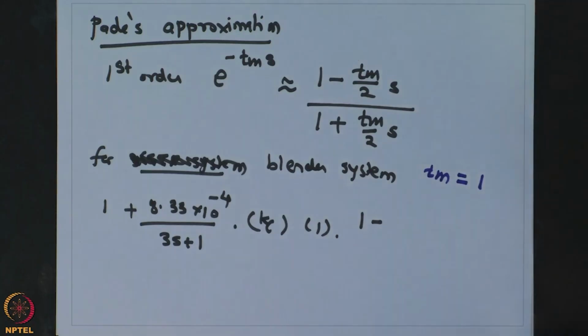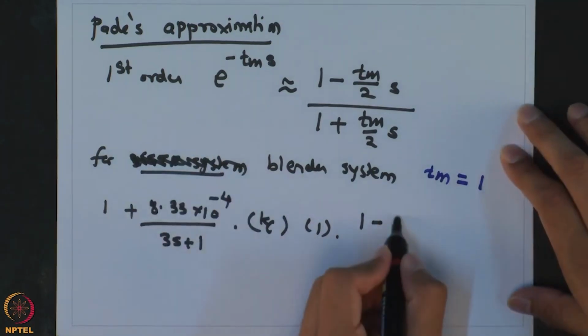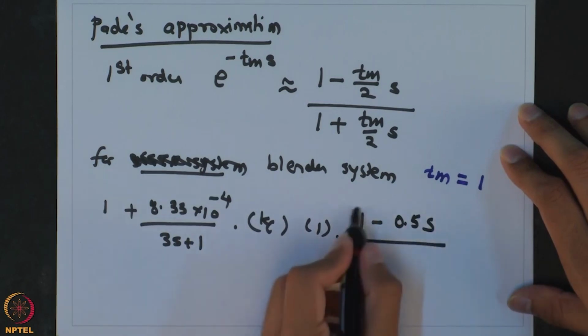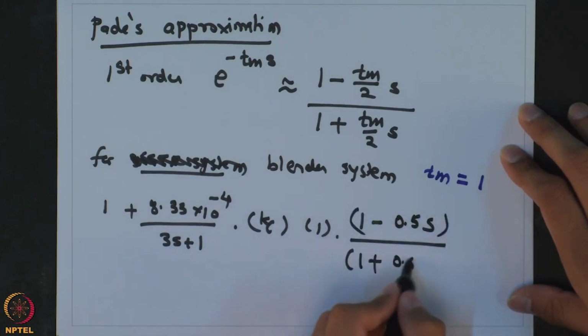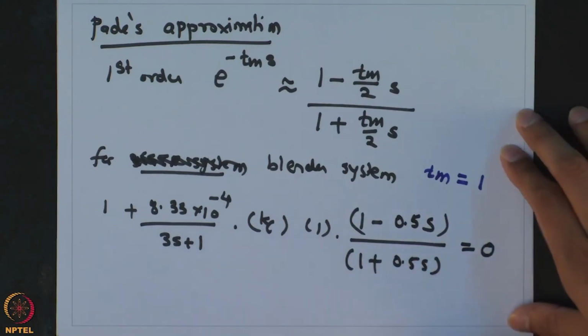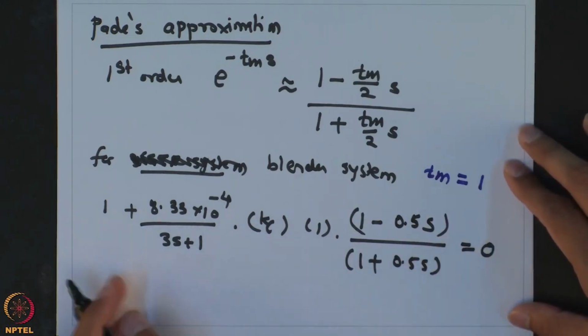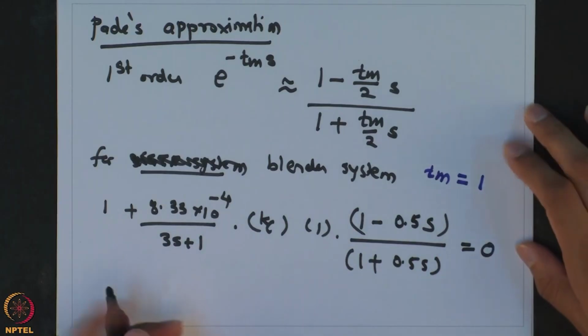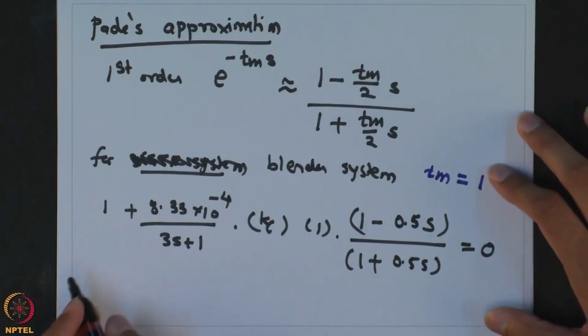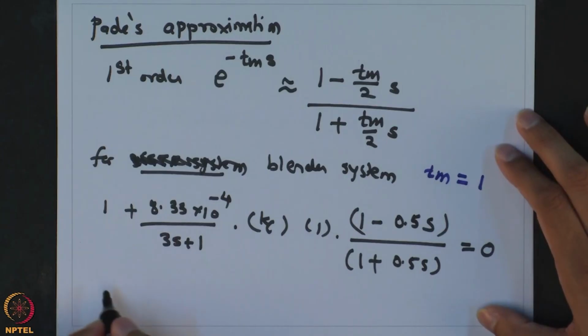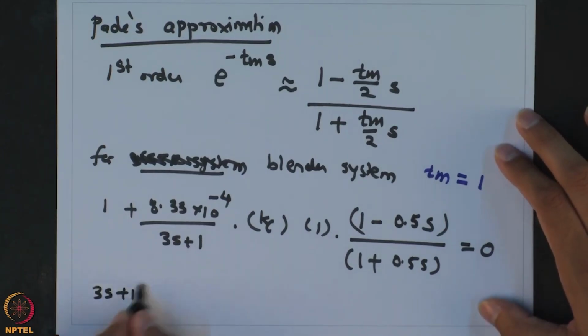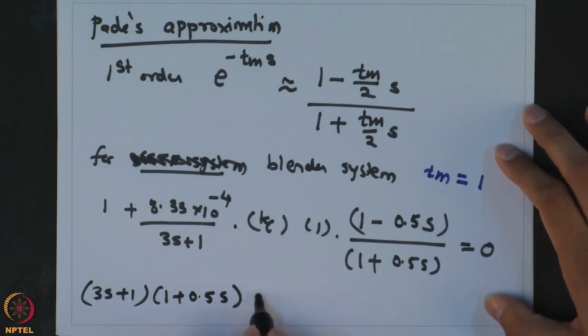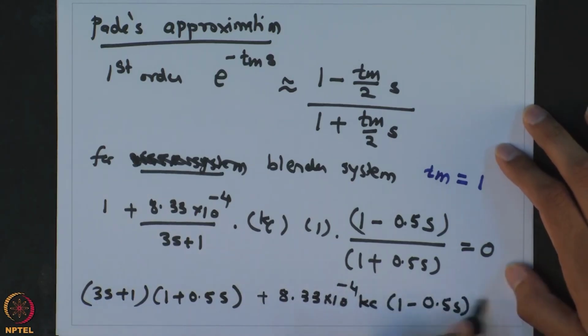Then we will have the corresponding Padé approximation as 1 minus 0.5 s over 1 plus 0.5 s. Now if you try to simplify this system, what we will get is 3s plus 1 plus 0.5 s plus 8.33 10 raised to minus 4 Kc and 1 minus 0.5 s equal to 0.